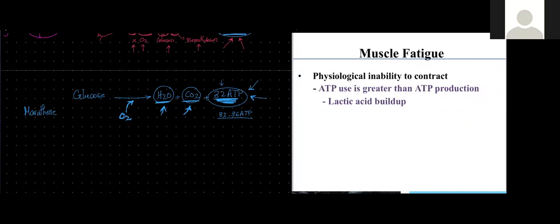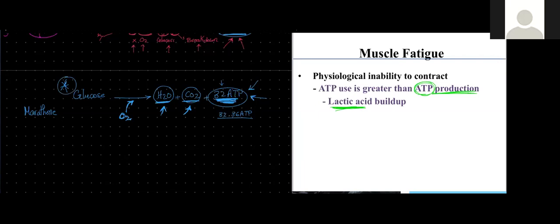No, no. Why? Because what causes muscle fatigue is depletion of ATP. I don't have enough ATP production. The other thing is the accumulation of lactic acid. So why won't this happen in this condition, if you're breaking down the glucose in the presence of oxygen?